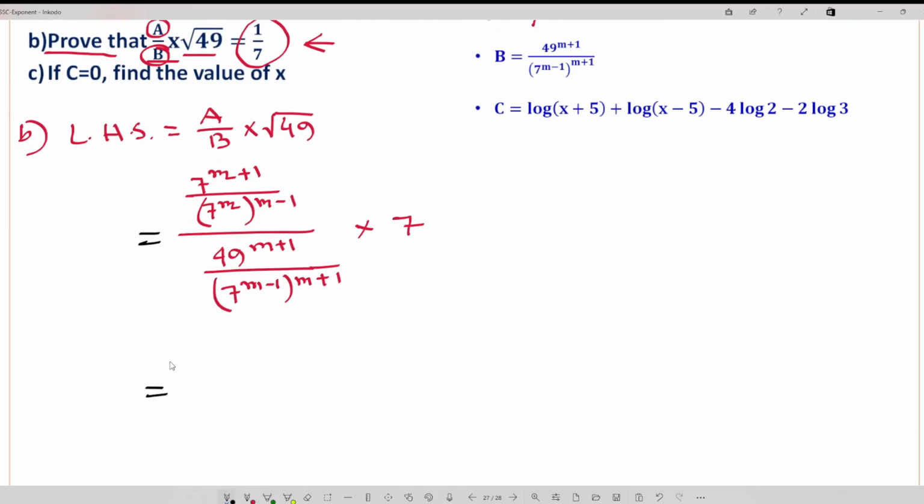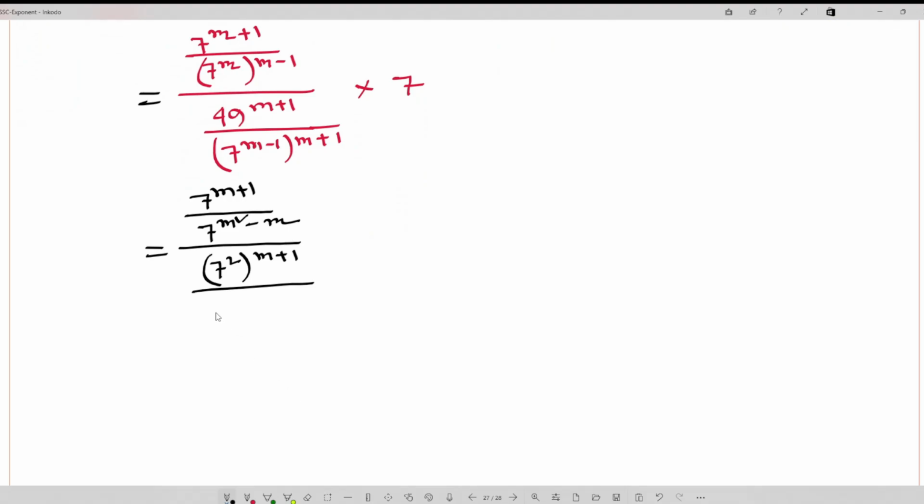Now look, 7 to the power m plus 1, and 7 to the power m square minus m, and this one 49 to the power m plus 1, this 49 we can write as 7 square, and here is m plus 1, divided by 7 to the power m minus 1 to the power m plus 1.